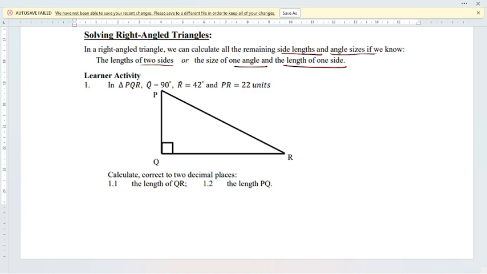Now, if you have one angle and one side, what do I use? Look at that.